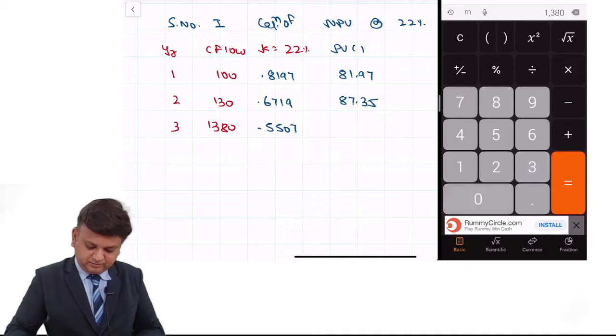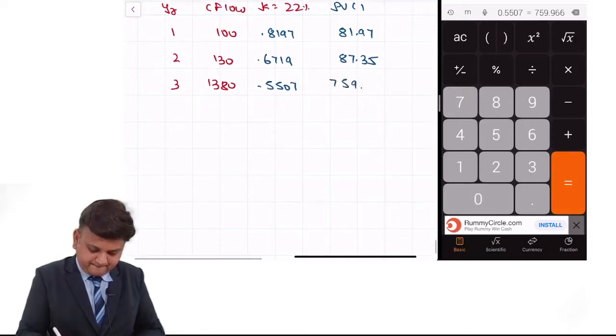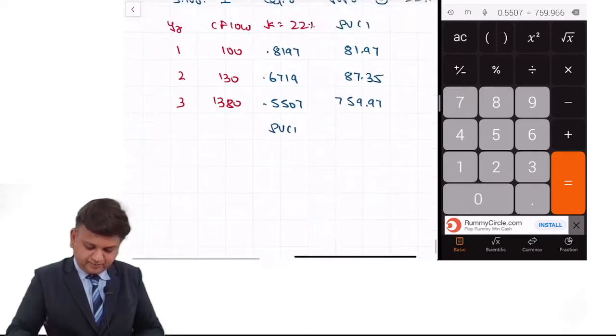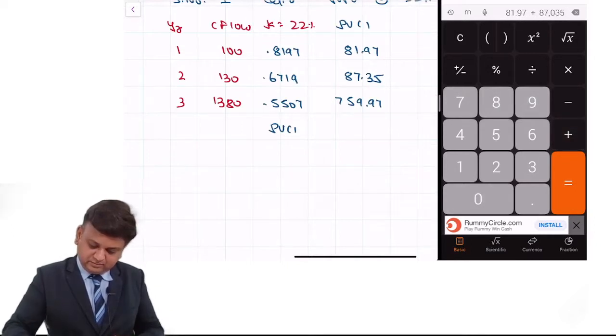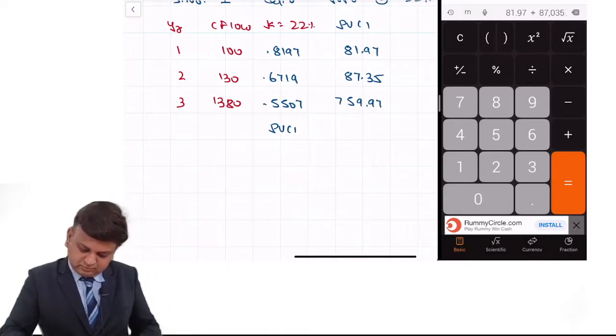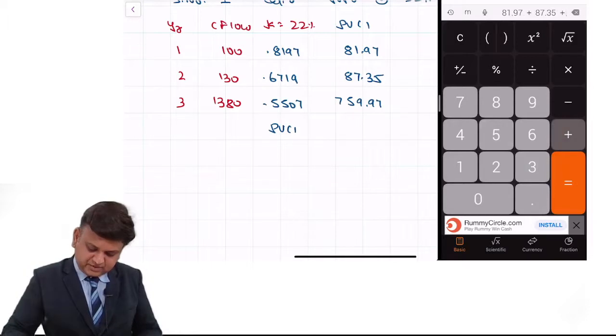1380 into 0.5507. So 759.97. So it is 81.97 plus 87.35 plus 759.97.